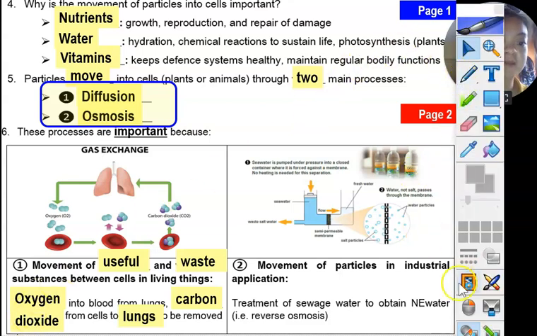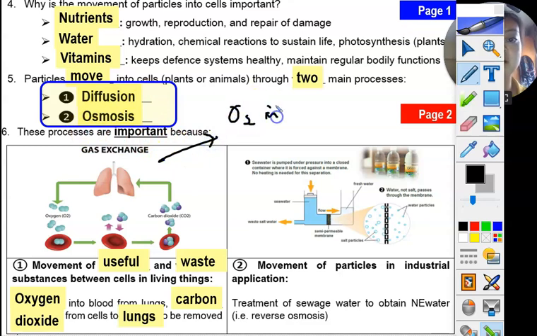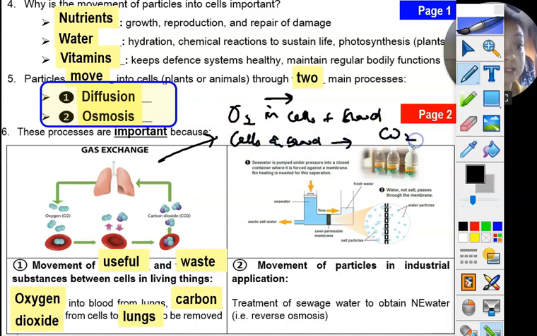All right, it also takes place in plants. And one thing that you would like to know, so when we talk about gas exchange, we're talking about oxygen going into cells in blood, and we're talking about cells and blood removing CO2.